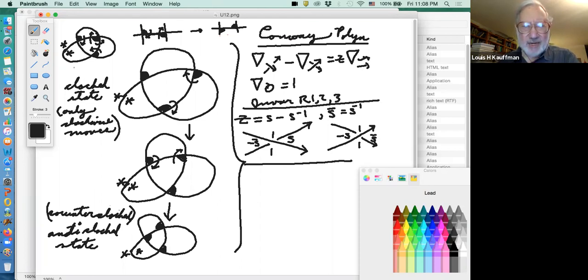And then each state contributes to, I'll draw the trefoil knot over here so you can look at it.